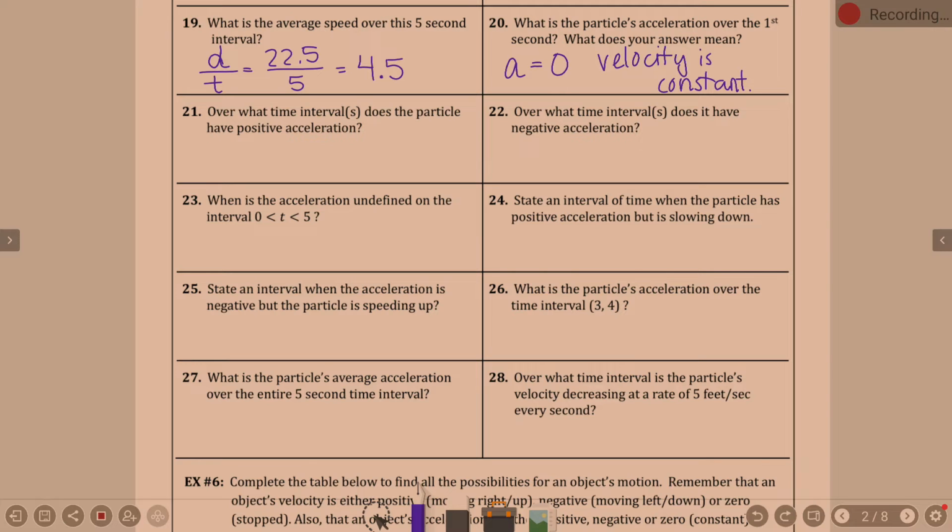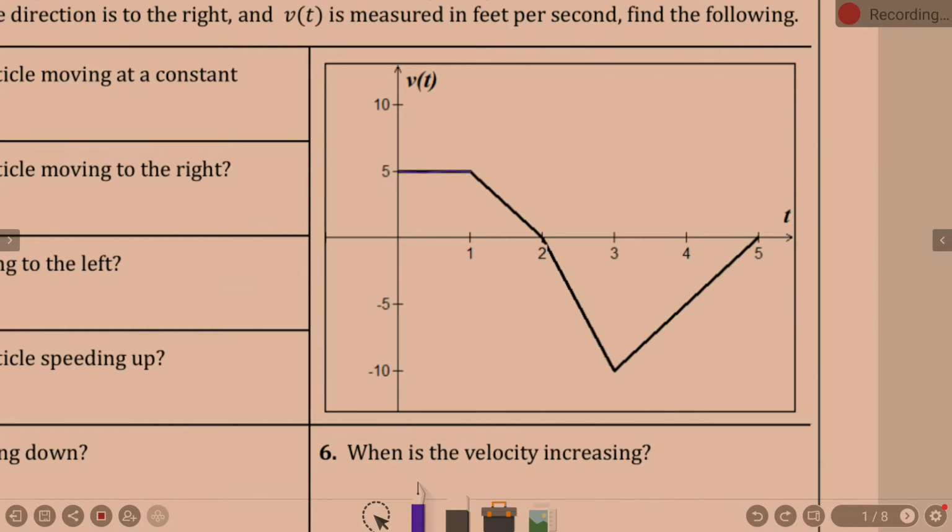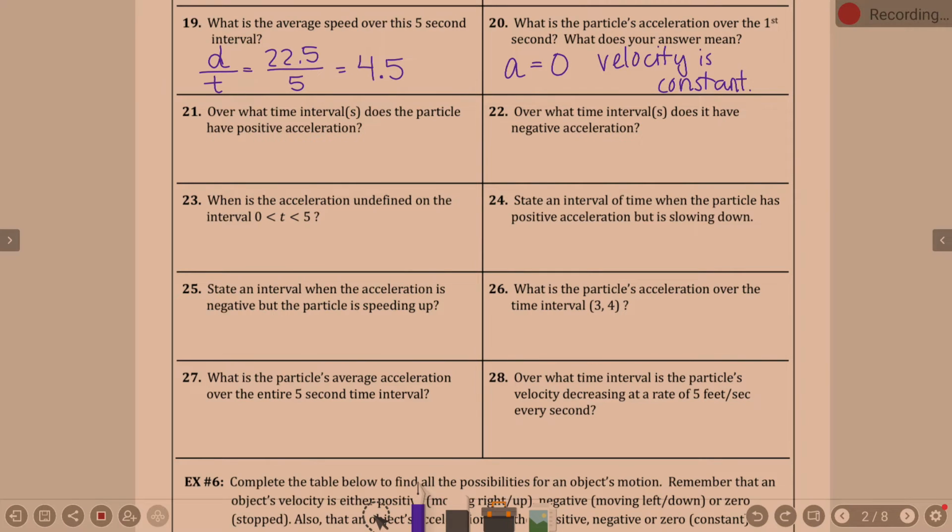Over what time interval does the particle have positive acceleration? Where do we have positive acceleration? When slope is positive. So when is slope positive? 3 to 5, yes? So we could also use the terminology positive acceleration.